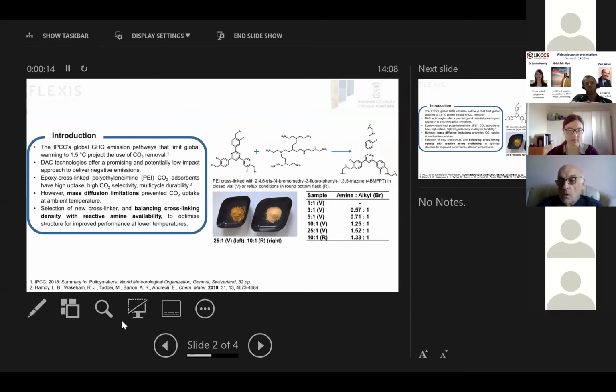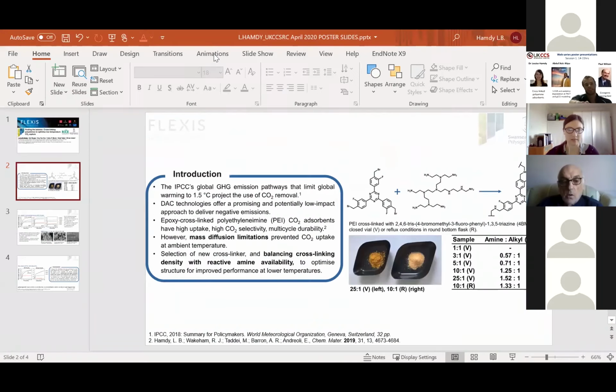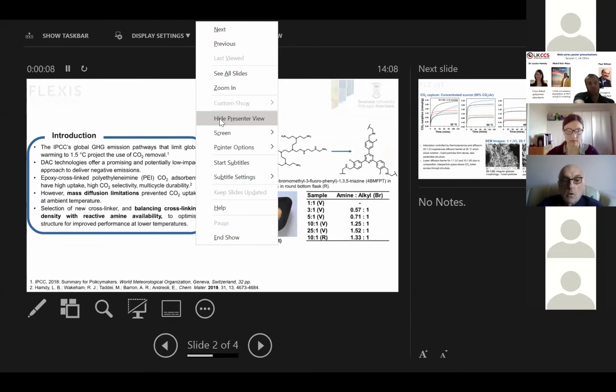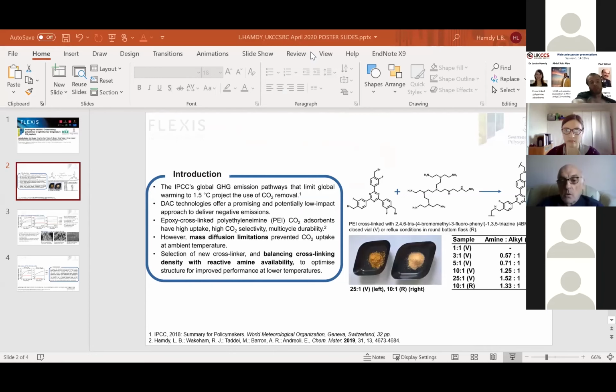You can just go on display settings in the middle, to the left of your mouse, and then you can swap the presenter and show coach view.